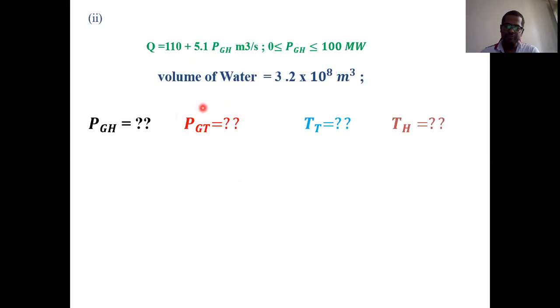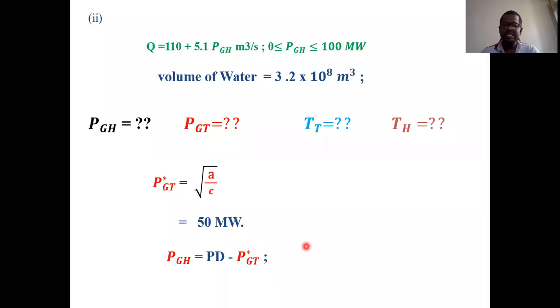Once PGT is 50 megawatts, then what about your PGH? PGH is also 50 megawatts, because our load power is constant, that is 100 megawatts. So in this case, PGT star is the same value. Similarly, PGH is also the same value, 50 megawatts and 50 megawatts.